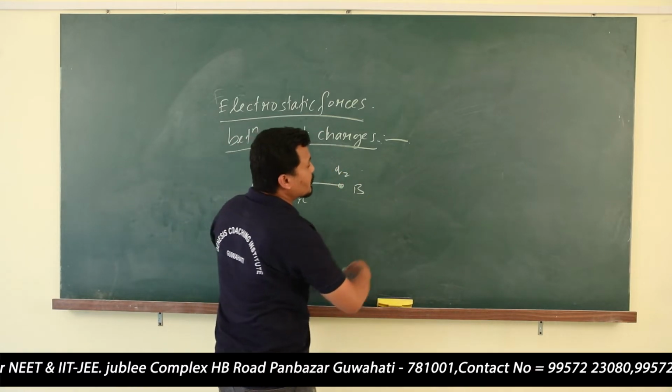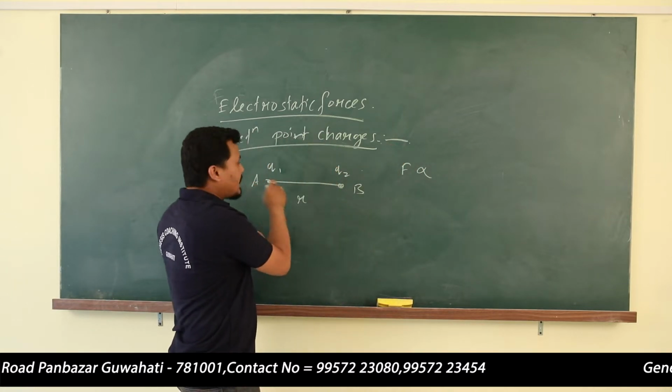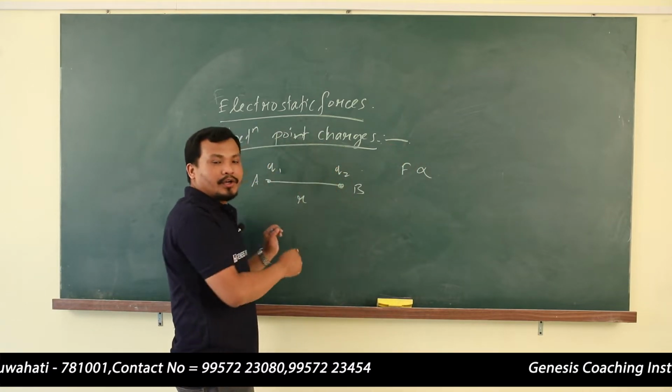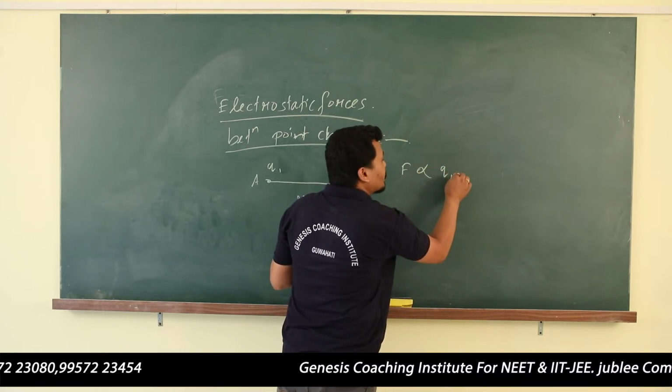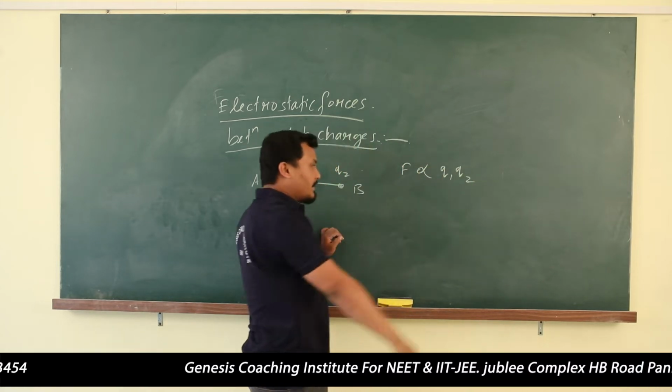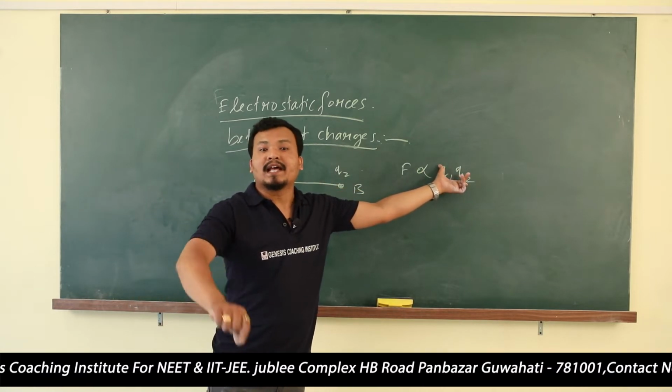So according to Coulomb's law, the force between 2 charges A and B, or Q1 and Q2, is directly proportional to the product of the magnitudes of the 2 charges. That means force between 2 charges is directly proportional to Q1 Q2.